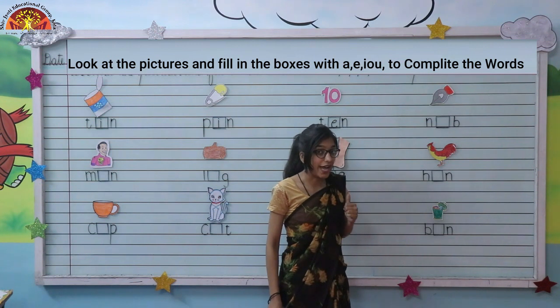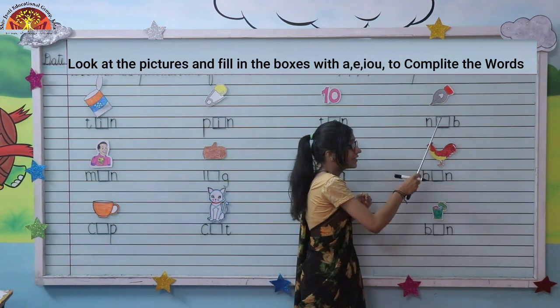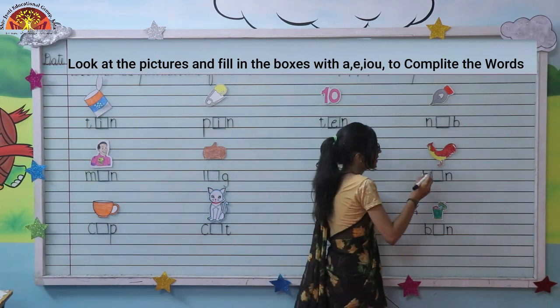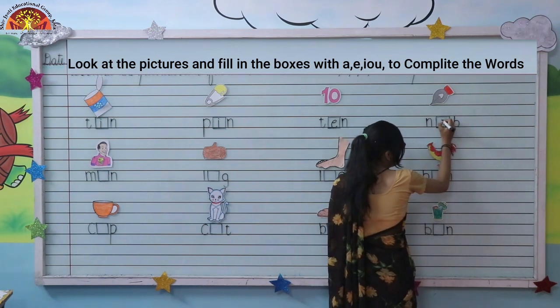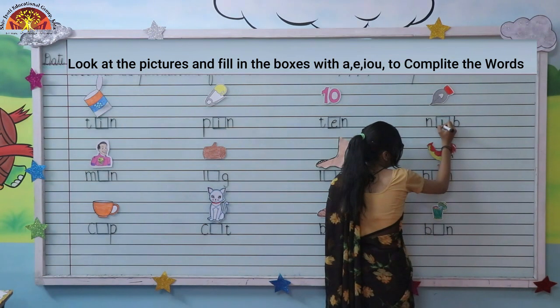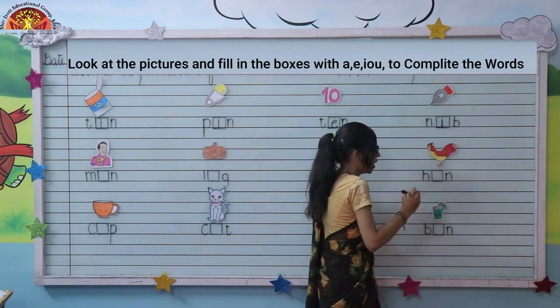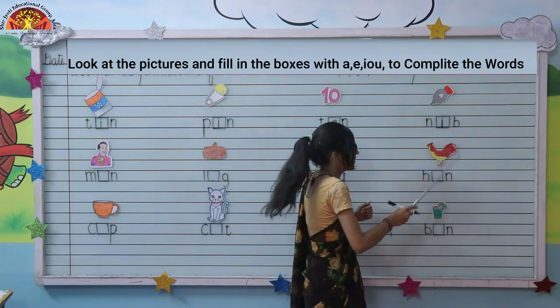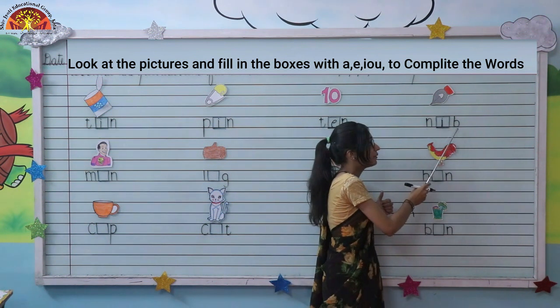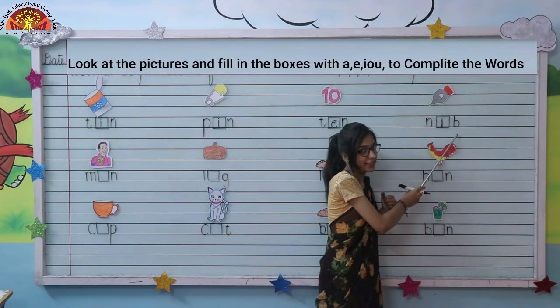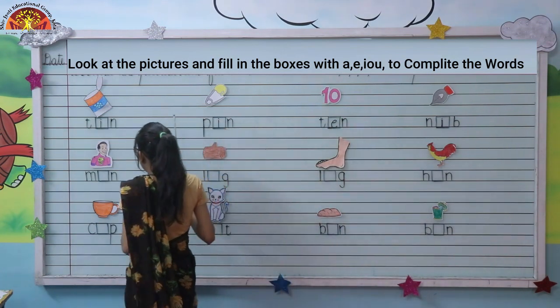So we have to write I in this given box. So kids, write I here like this. Now our spelling is completed. N-I-B, nib. Yes kids? Move to the next one.